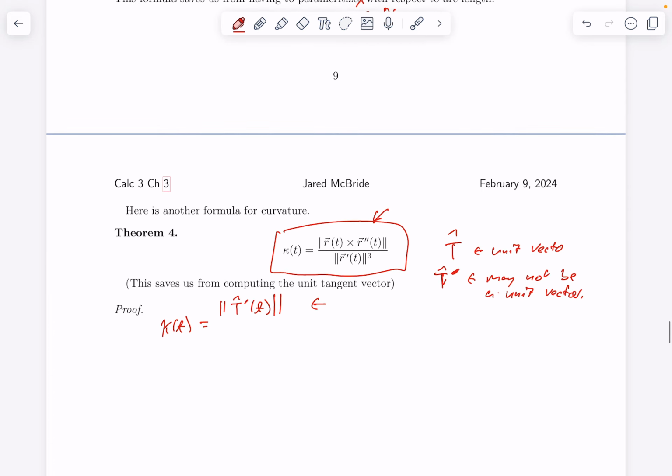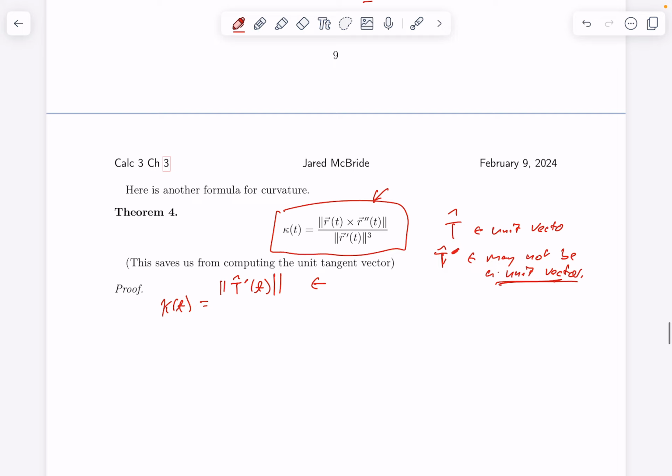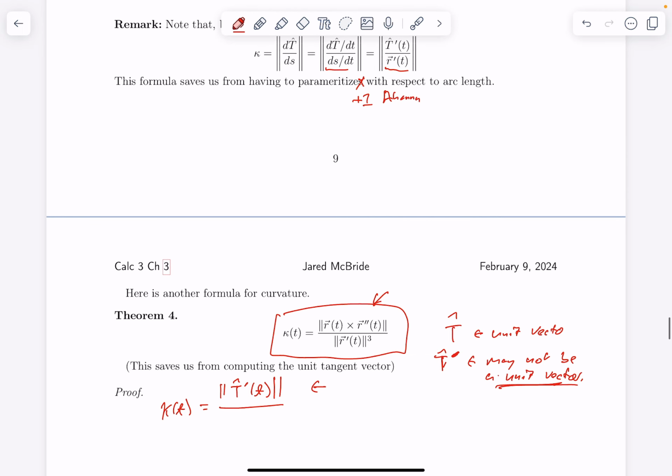So this magnitude here is not necessarily 1. And then we divide by the magnitude of the derivative of the position vector here.